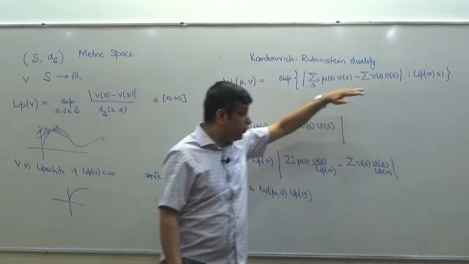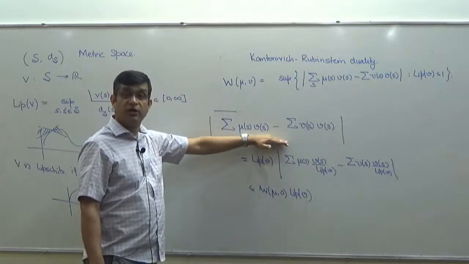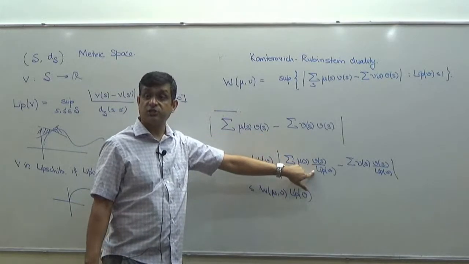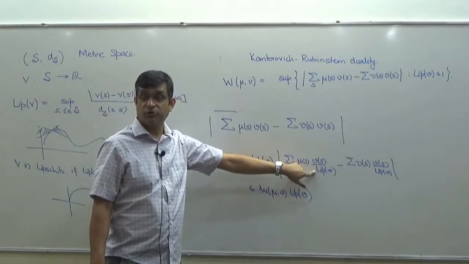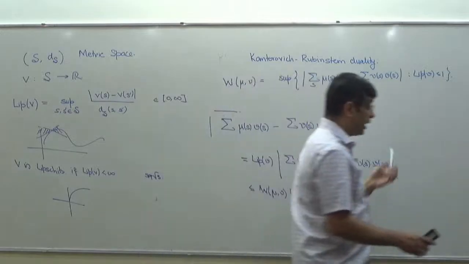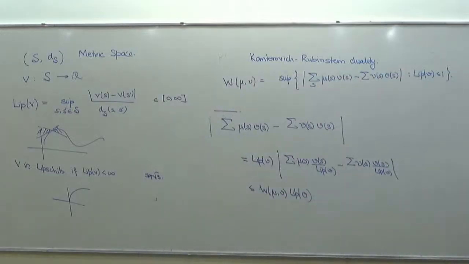And when I have to compute the difference of expectations, I just ask, can I scale that function in such a way that the scaled function belongs to the function space, and then I'll get this result.